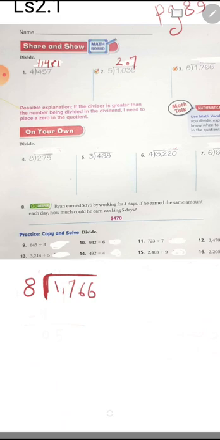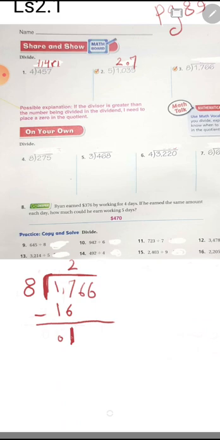The answer will be close to 17. I think it's 2, 2 in the hundreds digit. Why? Because 17 hundreds divided by 8 equals 2 hundreds. Now 2 multiplied by 8 equals 16 hundreds. Now subtract: 7 minus 6 equals 1, 1 minus 1 equals 0. So the answer is 1.